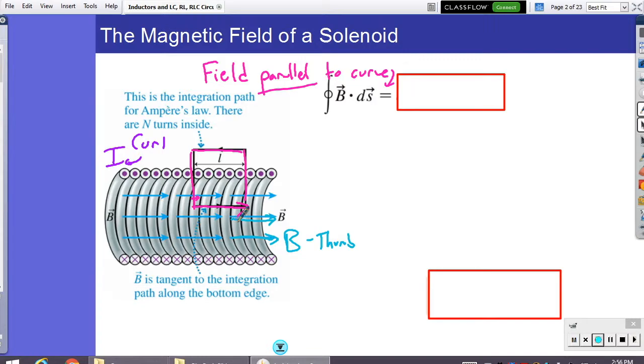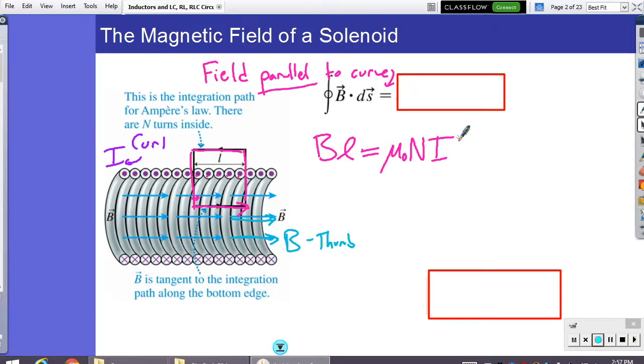So we can write that that's B times the length of the loop, BL, equals, well, how much current is enclosed? In this case, we've got quite a lot of current enclosed. We have 1, 2, 3, 4, 5, but we've got some number N of turns enclosed, and we actually get to count all of that current.